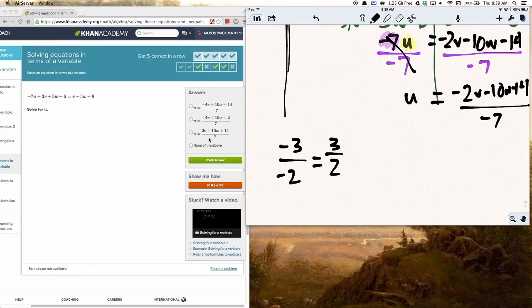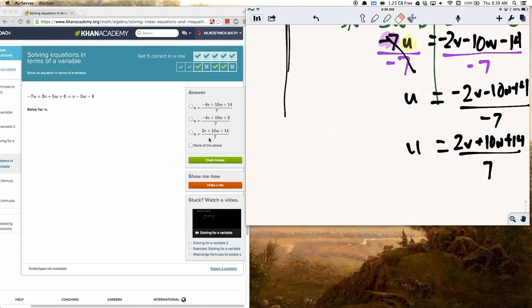I'm going to take this negative that I have on the bottom and I'm going to apply it up top so that I can make everything positive. So if I want to make the bottom positive, I need to make the top positive plus 10w, and then since this last term is currently minus 14, it's going to become plus 14. Occasionally you'll have to change a term from a positive to a negative in order to do that. And if you have trouble with that, just ask me for help in class.